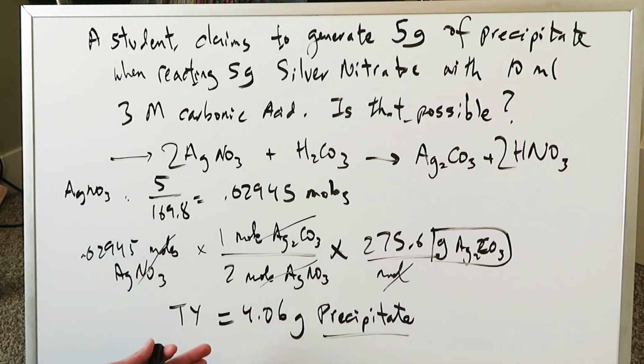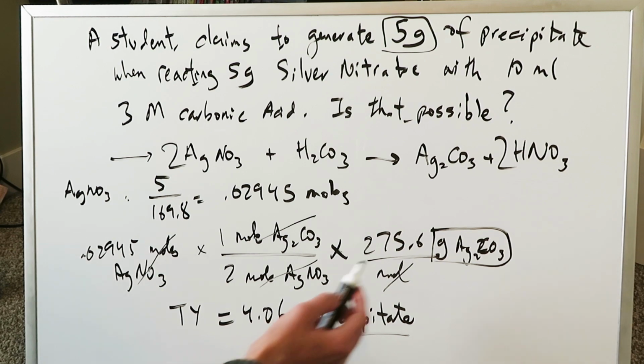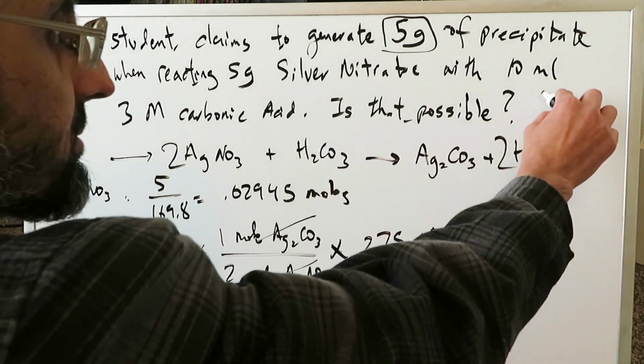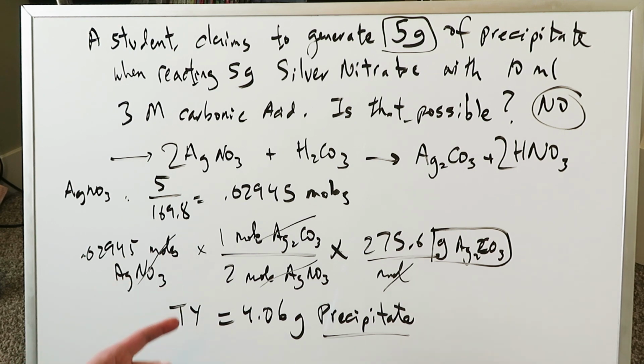That's the maximum you can obtain given the reactants and their amounts provided. The student claimed to have generated 5 grams of precipitate, so that's not possible. Is that possible? No, it isn't, and your question will have been solved. It's not possible to generate 5 grams, but it is certainly possible to generate up to 4.06, though the likely actual yield will be less than 4.06. The short answer here is no.